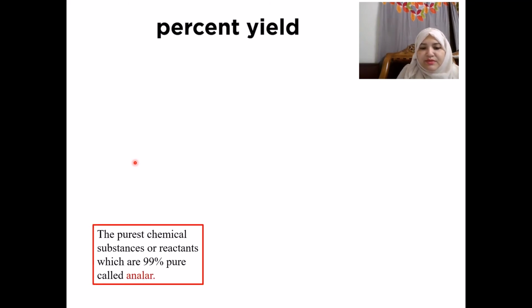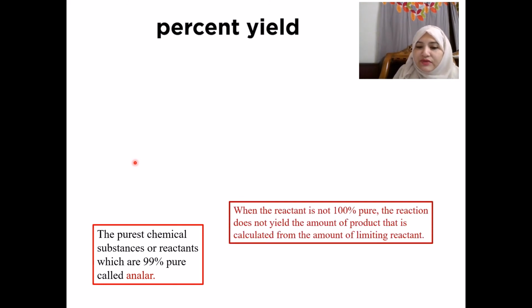And the purest chemical substances or reactants, which are 99% pure, are known as analytical grade. And when the reactant is not 100% pure, the reaction does not yield the amount of product that is calculated from the amount of limiting reactant.